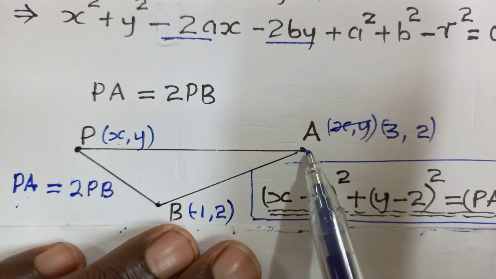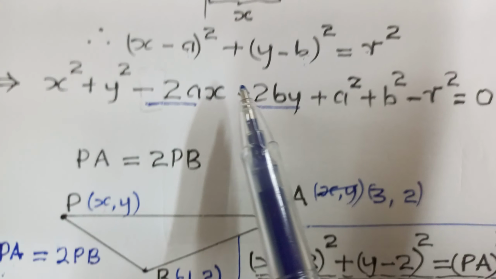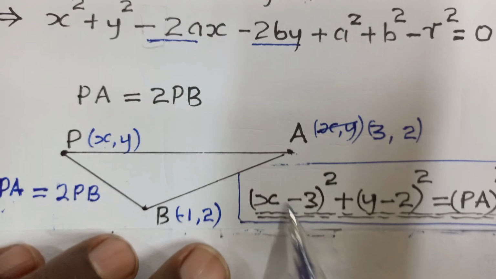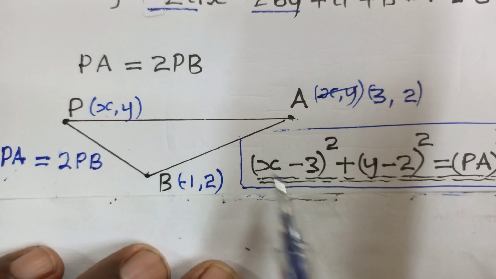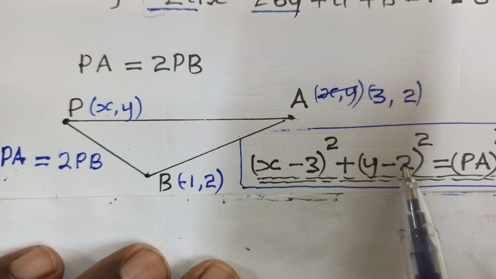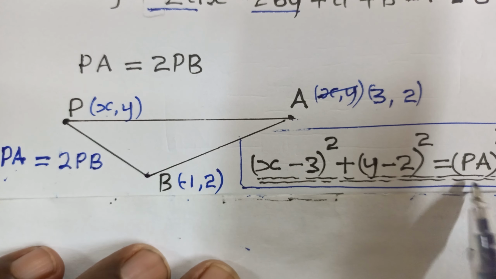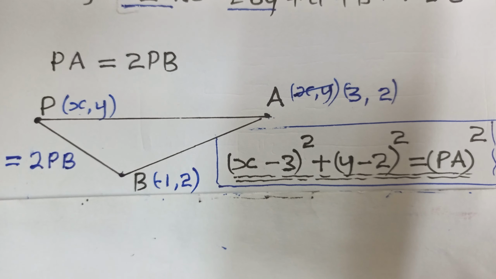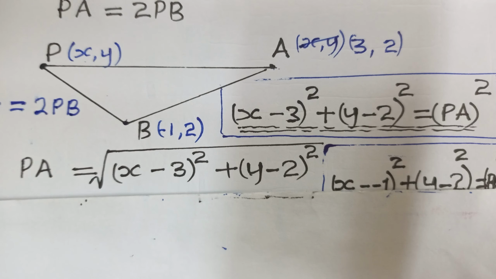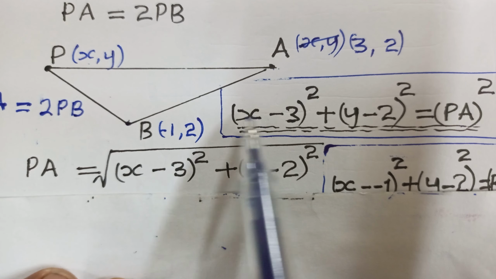From this point, which is (3, 2), we say (x minus 3) squared plus (y minus 2) squared. This gives us PA squared, and we can get PA by finding the square root.